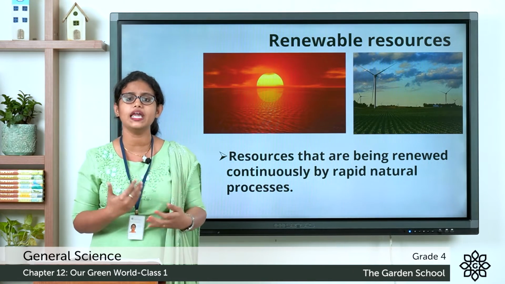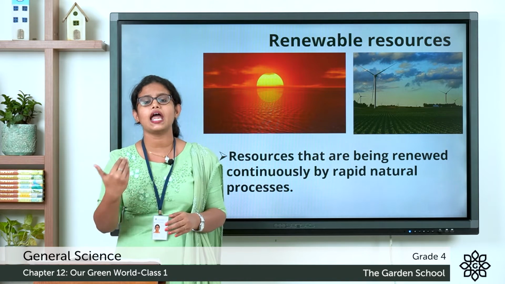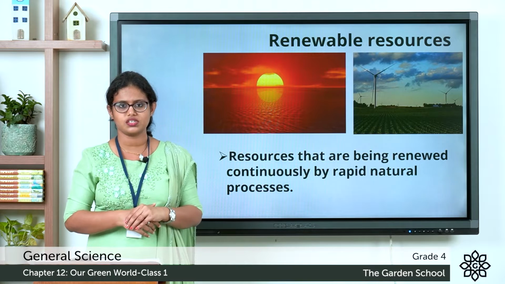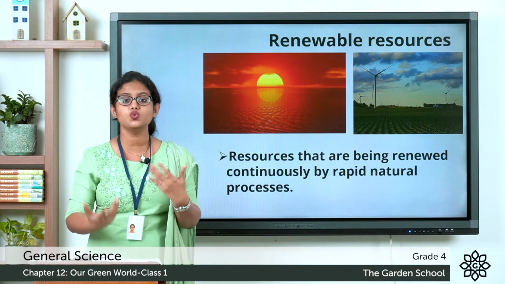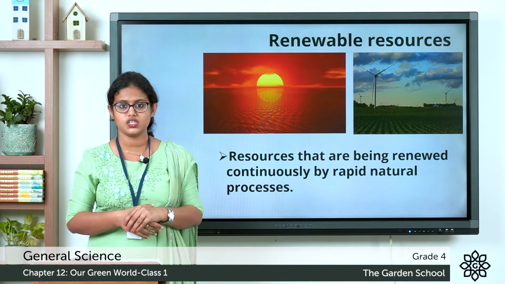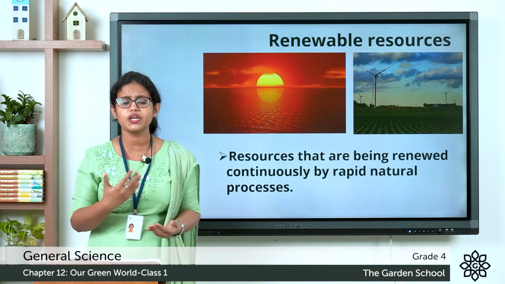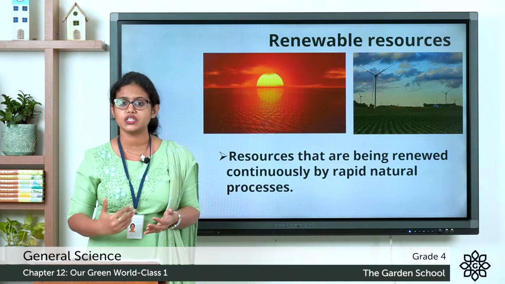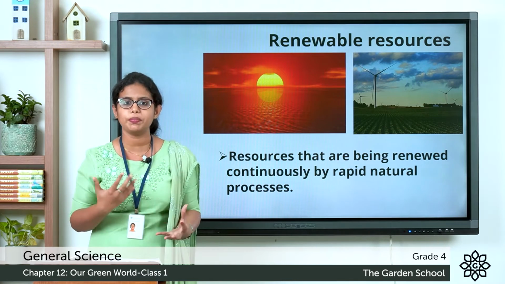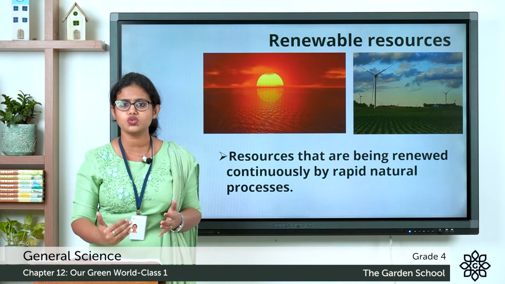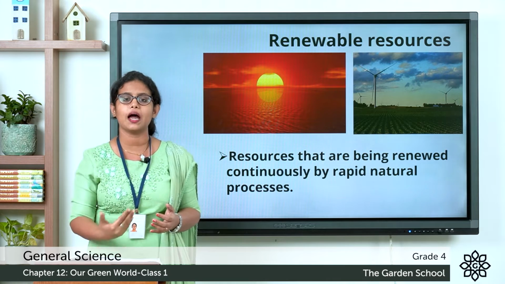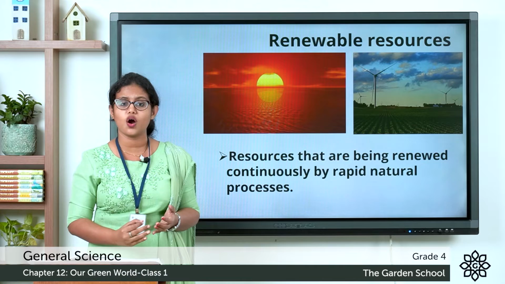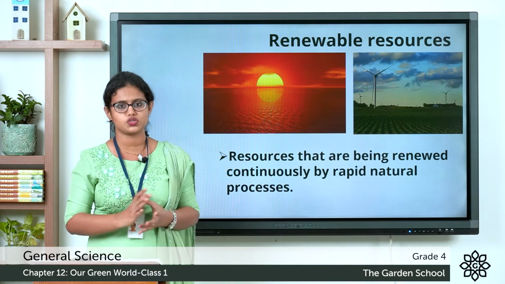Sun and wind are used to generate electricity. These resources are replaced by natural process and we can use them continuously, as they are available in abundance in nature.